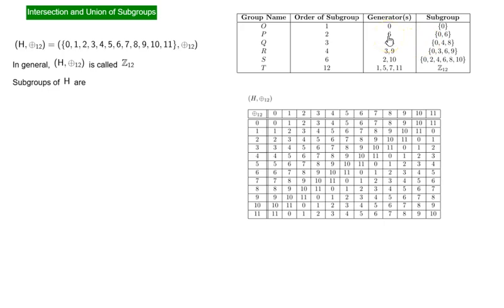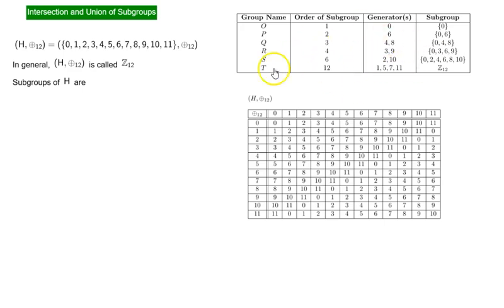Now you take 6. 6 times 0 is 0, 6 times 1 is 6, 6 times 2 is 12, which is 0. 6 times 3 is 18, which is 6 again. So 0 and 6 is the subgroup. Similarly, we treat each of these elements of the group and use it as a generator.